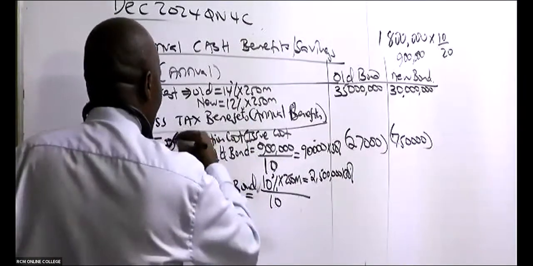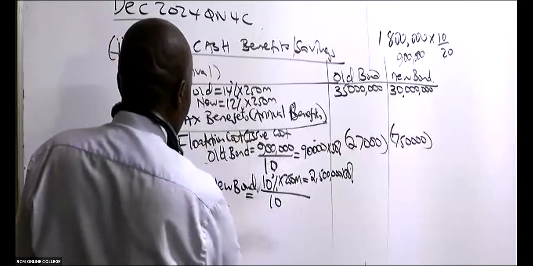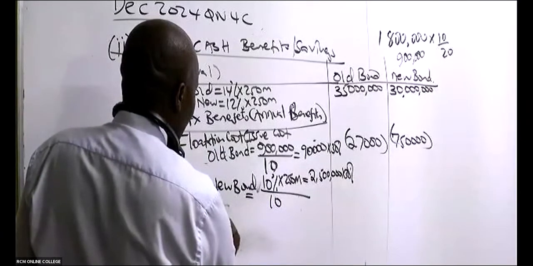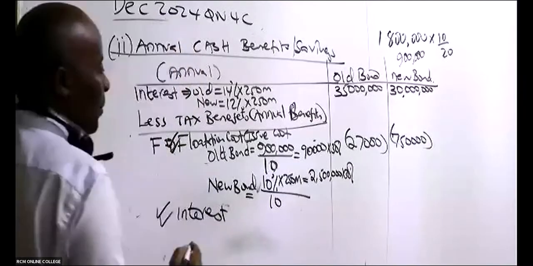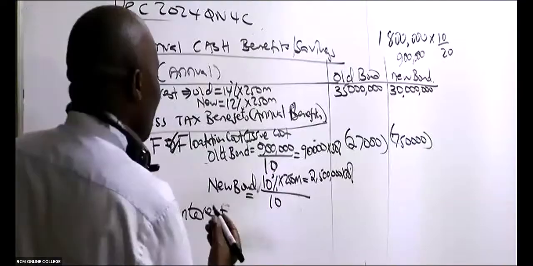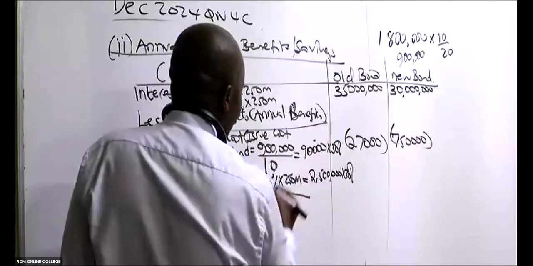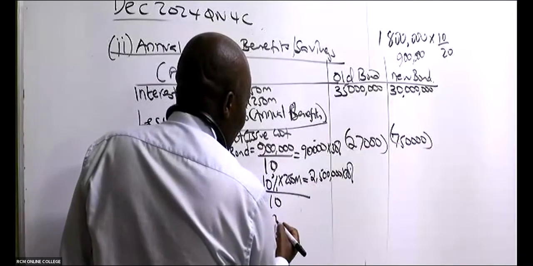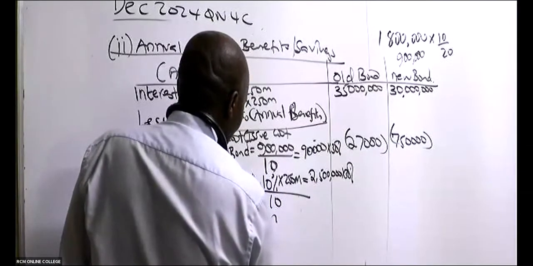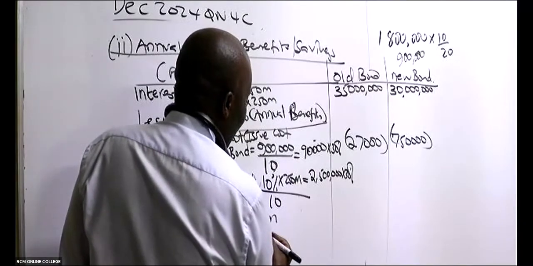So this is over. From there we go to the second one, which is interest. For the old bond, the interest is 35 million. And for the new bond, the interest is how much? 30 million.